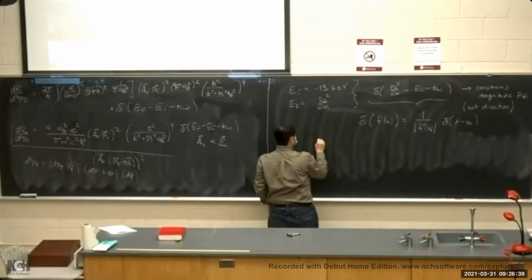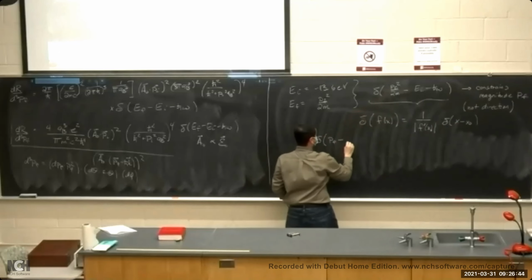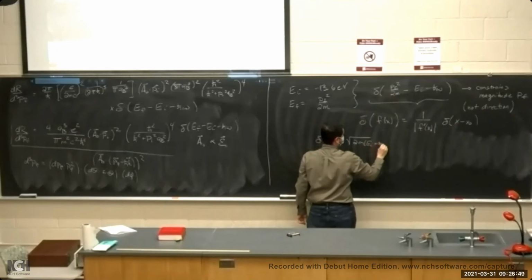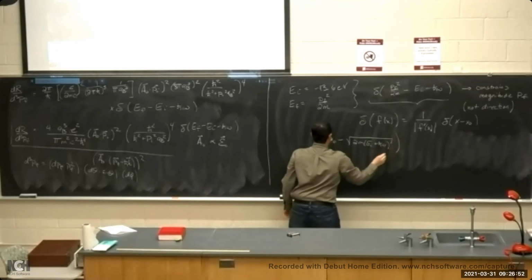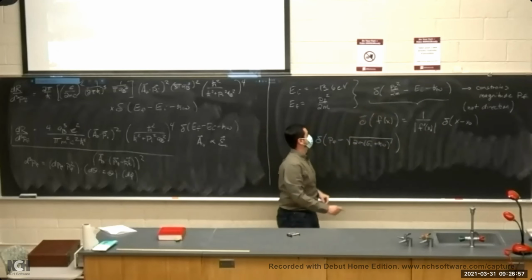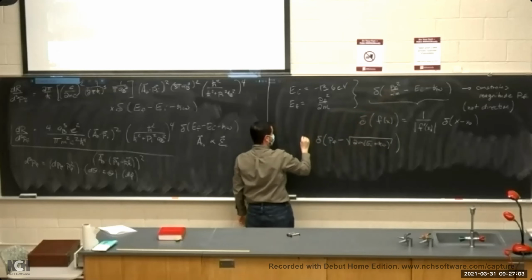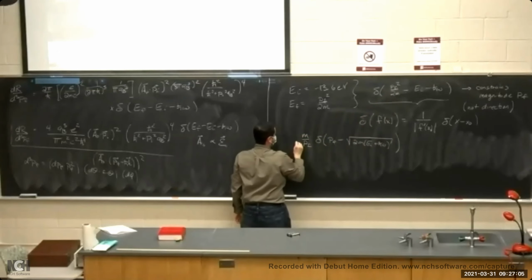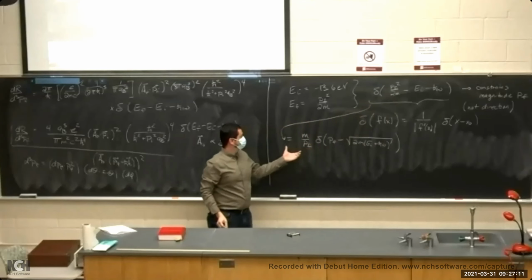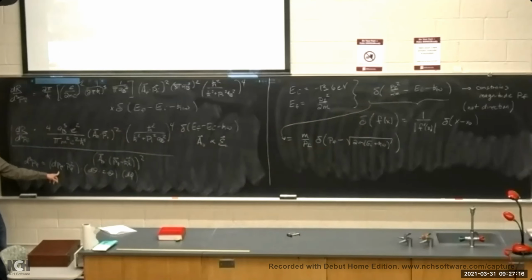If I write this as a delta function of P final minus the thing that makes it 0, that is square root 2m times E initial plus h bar omega. In front of this delta function, I have a prefactor, which is 1 over the derivative with respect to P final. The derivative with respect to P final is going to give me P final over m. So 1 over that is m over P final. So I get a prefactor from the change of variables, and now my delta function is explicitly going to set this P final equal to something.